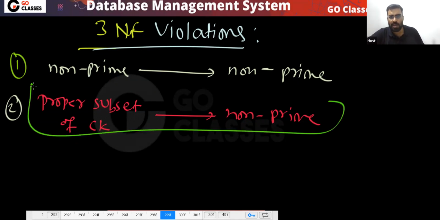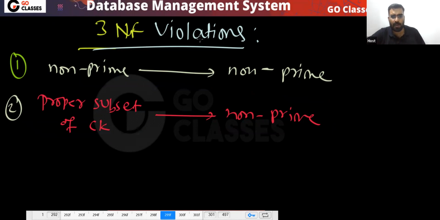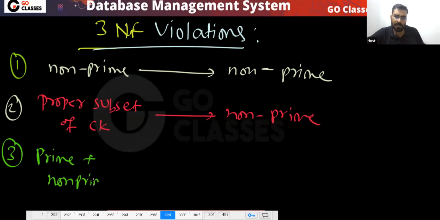This is a problem in 2NF also. So remember, a problem of 2NF is also a problem of 3NF. Also, you can say, for example, prime plus non-prime determining non-prime.